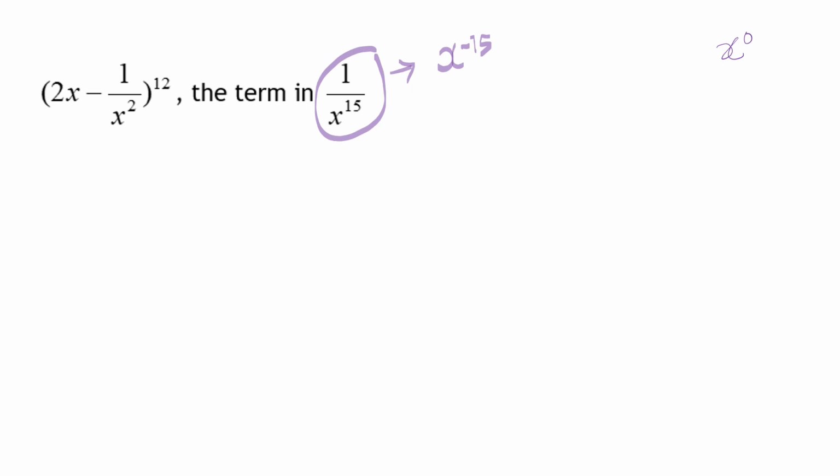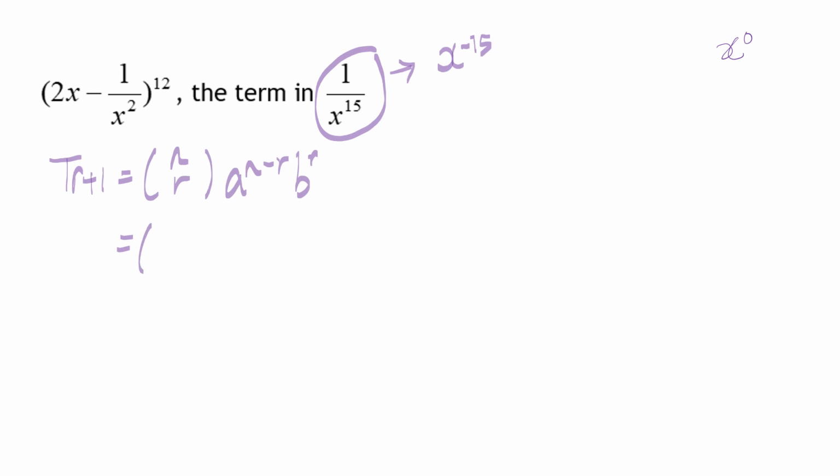We need the specific term formula, Tr plus 1 equals nCr a to the power of n minus r, b to the power of r. Like before, we don't know the value of r, so we need to locate the position and find where r is.